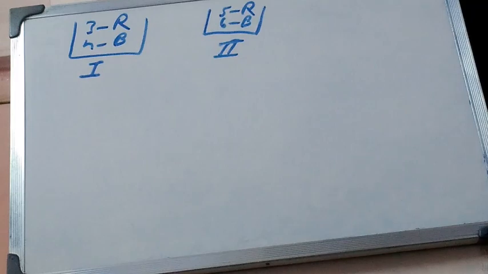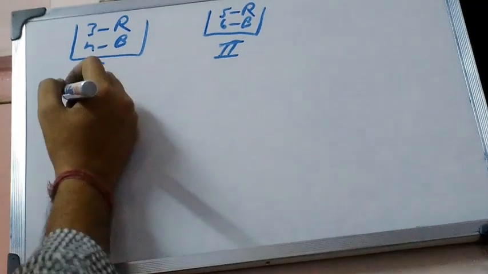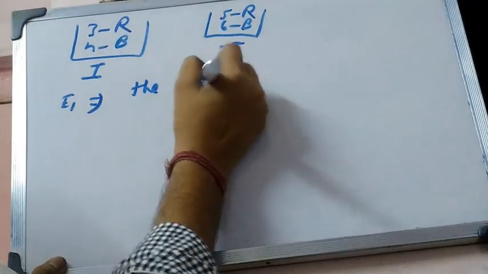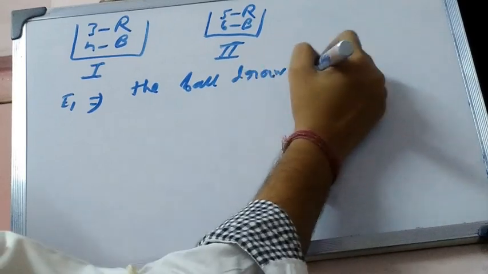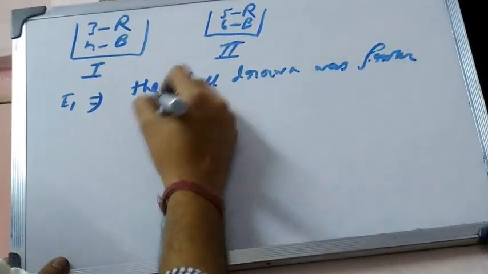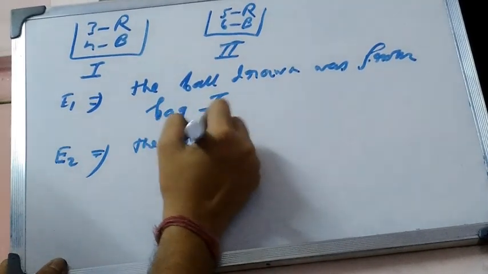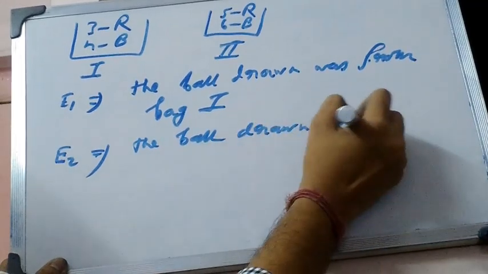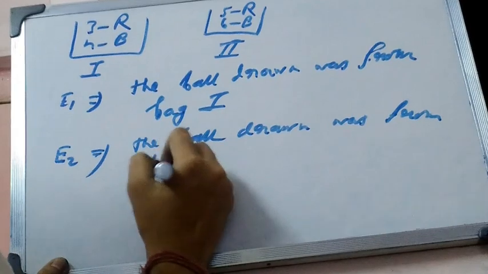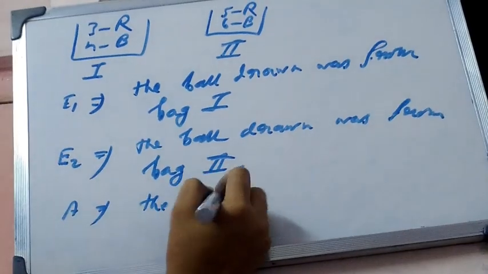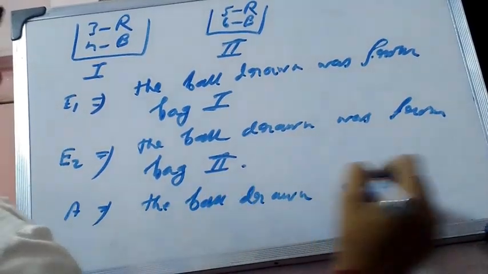So first of all, we have to take 3 events. Event E1 says that the ball drawn was from bag 1. E2 is another event which says that the ball drawn was from bag 2, and A is an event that says the ball drawn is red.